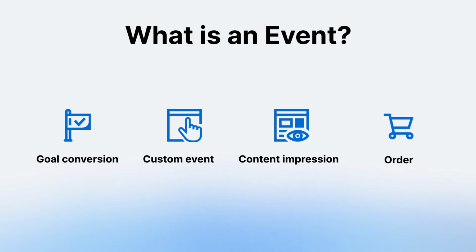Add to cart is an example of an e-commerce interaction, and there are other e-commerce interactions. Order is another interaction, but in this case it's pretty much just as important as a goal conversion, because it basically means that somebody purchased something from us. So order is an e-commerce conversion.